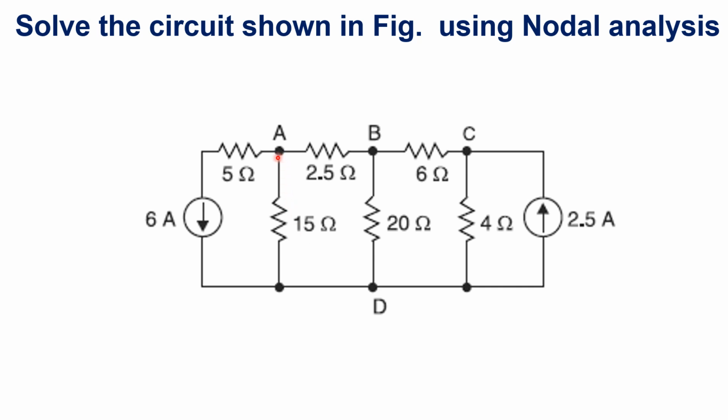We are going to find the voltage at the nodes. In this diagram there are 4 nodes, A, B, C, D. D is the reference node, the zero voltage point, and the remaining are non-reference nodes, the independent nodes. The unknown voltages are VA, VB, VC, and by using nodal analysis we are going to find them.